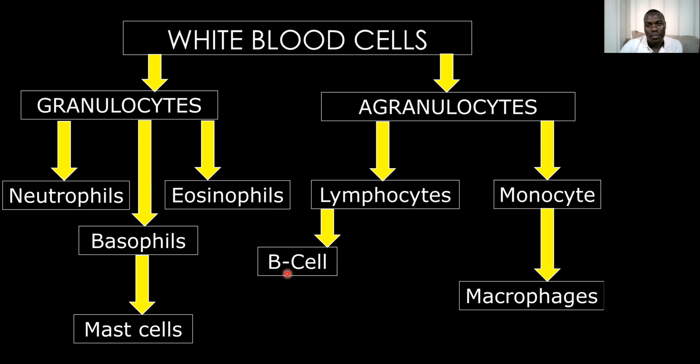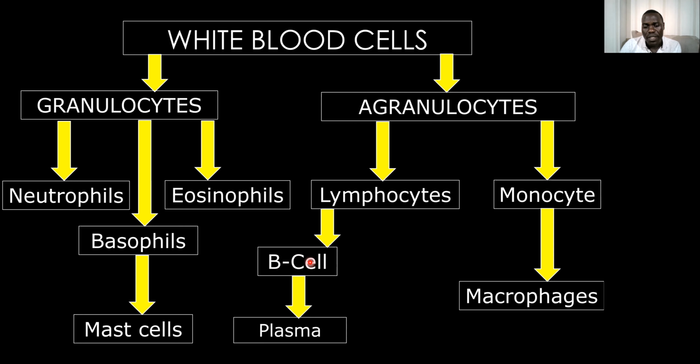B cells, when they are stimulated, differentiate into two categories of cells. There are those that we call the B memory cells. These ones retain immunological memory of infections. So they're the ones that will explain the basis of vaccination. The other type of B cell is the plasma cell.